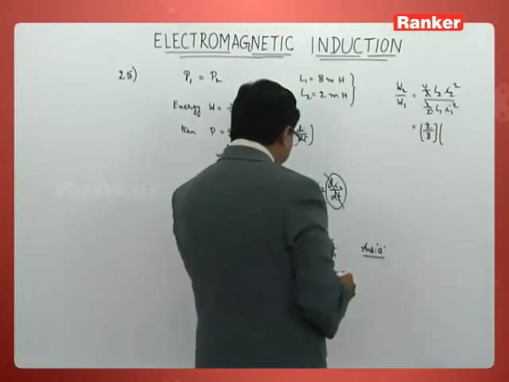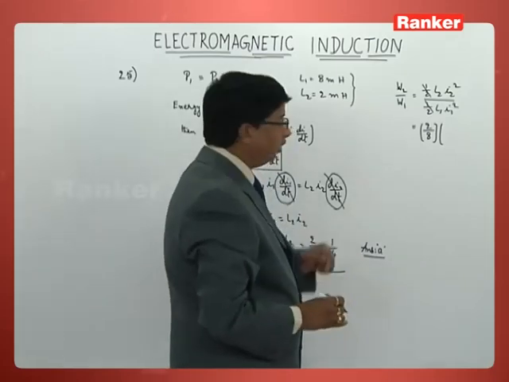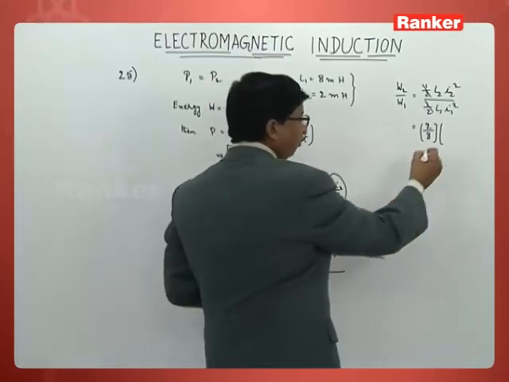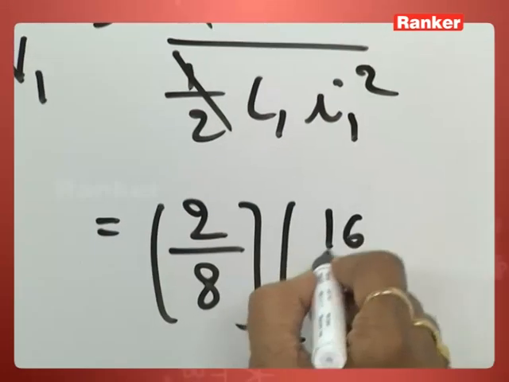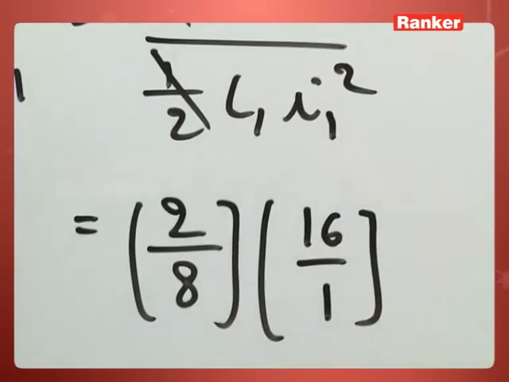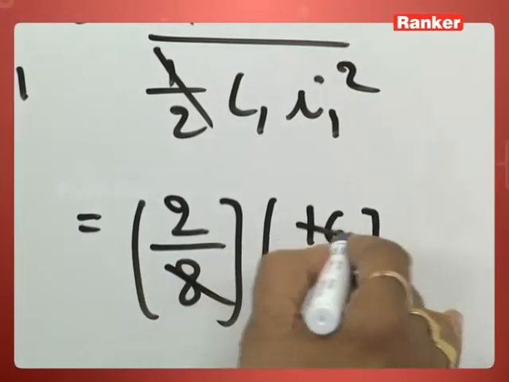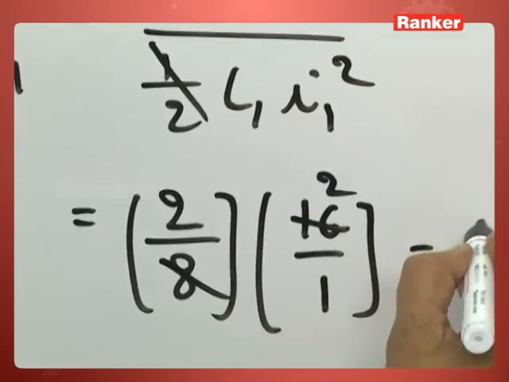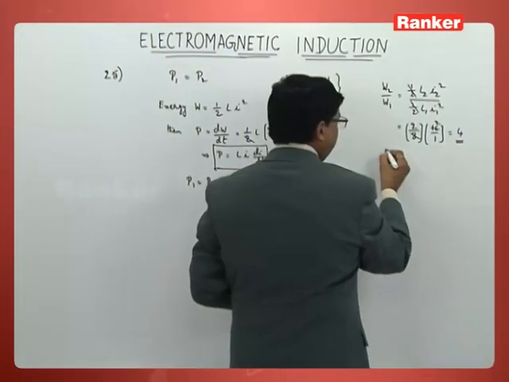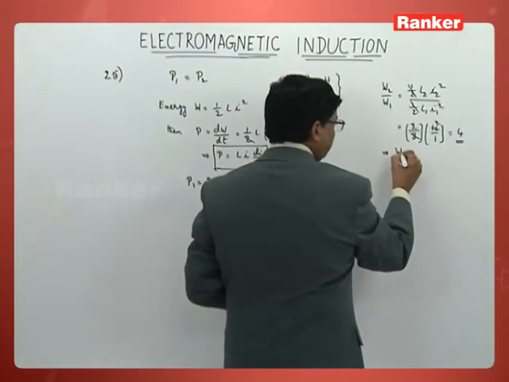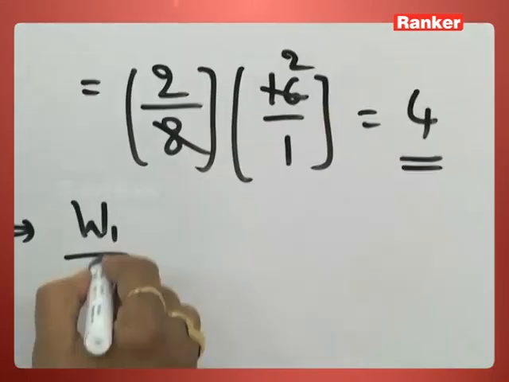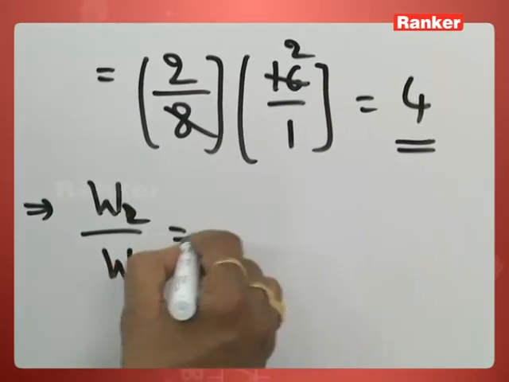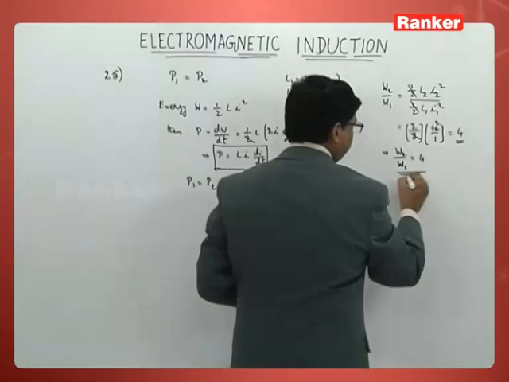But I2 by I1 is 4:1. Square it up. 4 square is to 1 square means it is 16 over 1. So this goes once again twice. So you will be getting 4. So W2 by W1 is given as 4 for us.